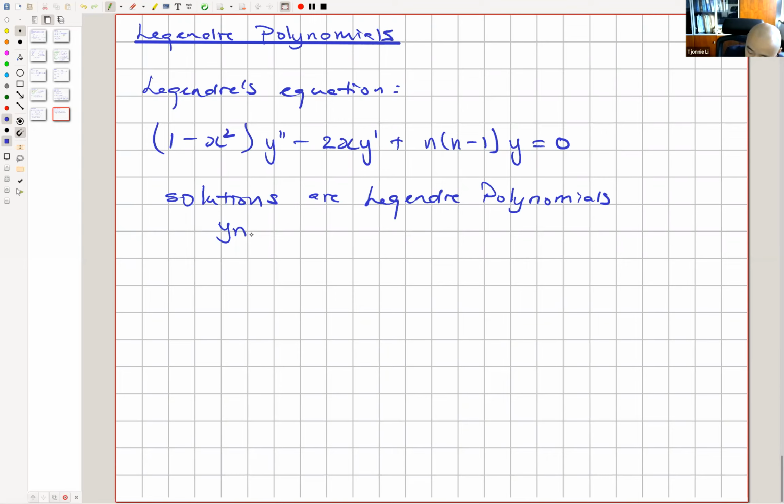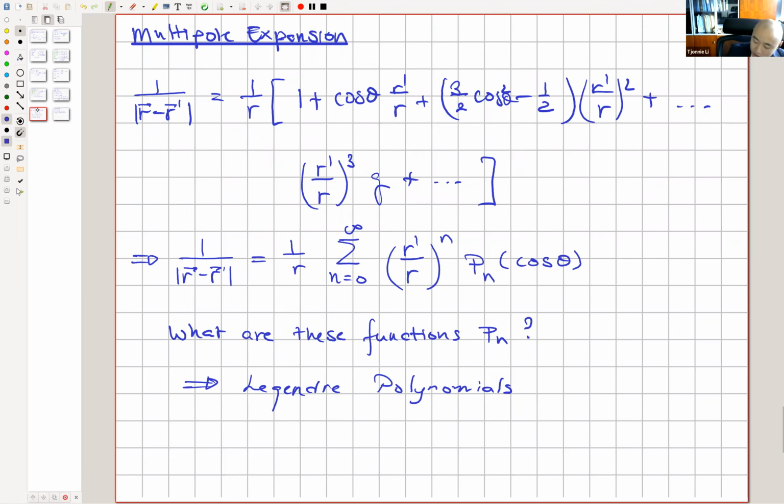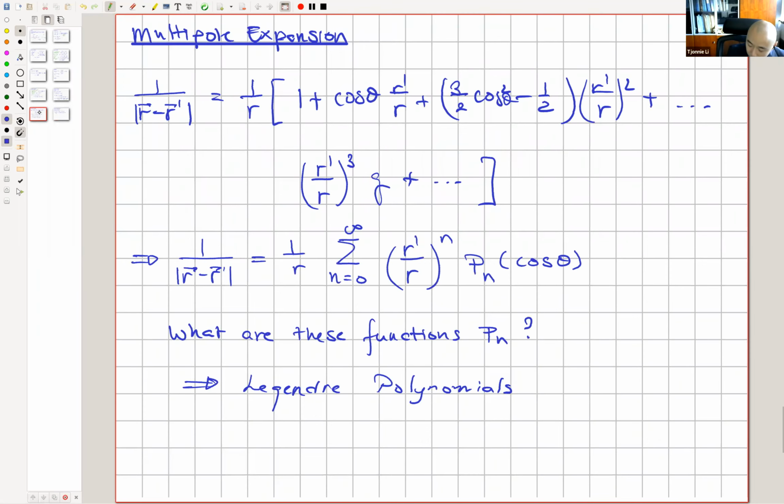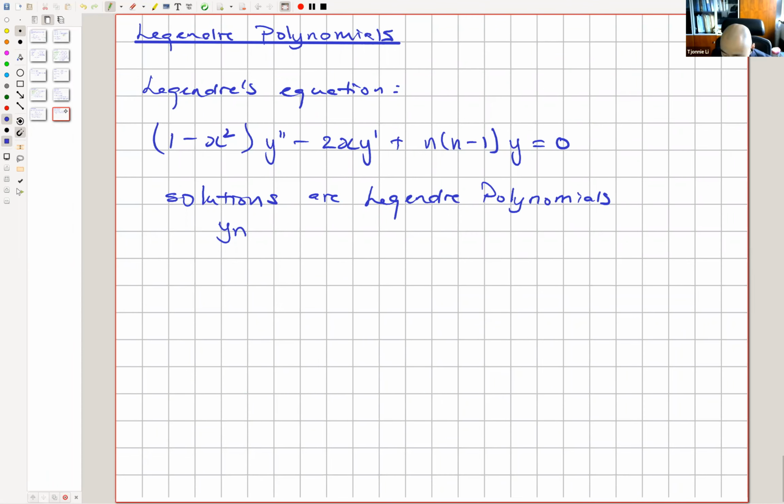So if I can show that this Pn over here satisfies this differential equation, then it's something that this guy called Legendre has already solved, and we know all the solutions to these. So instead of needing to do this explicit expansion all the time, we can use maybe smarter tricks to do it.